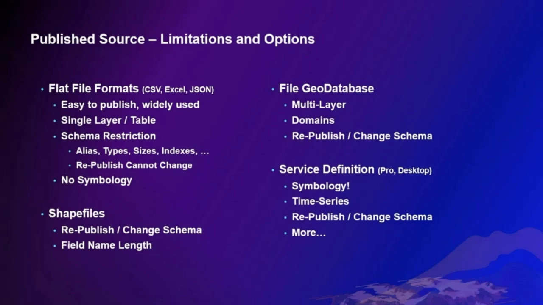Next thing is looking at using the service definitions created from Pro and Desktop. In this case, you definitely have the ability to publish a service that includes symbology. You can enable time series on these services. Of course, republishing can change the schema. And then, of course, there are properties and things you can take advantage of within the service definition.